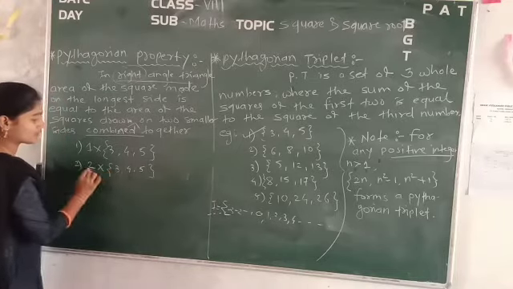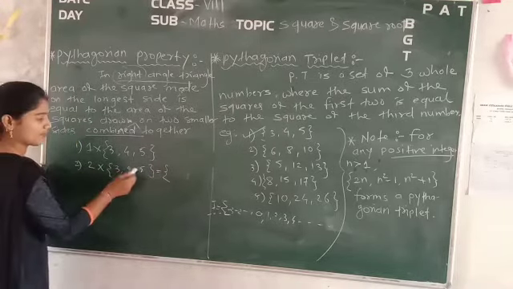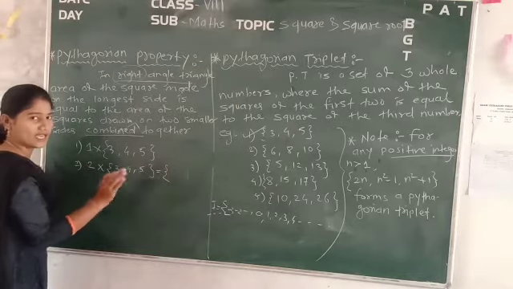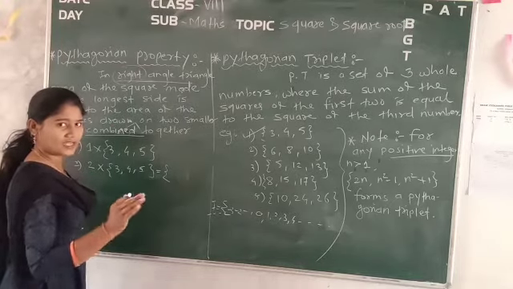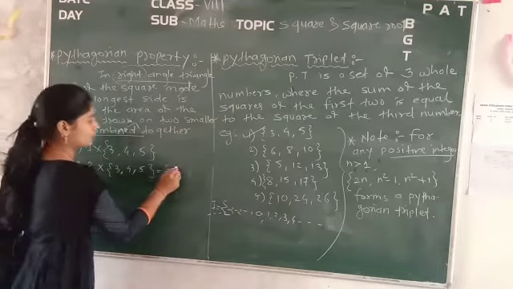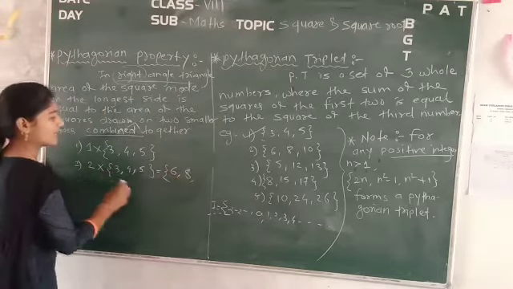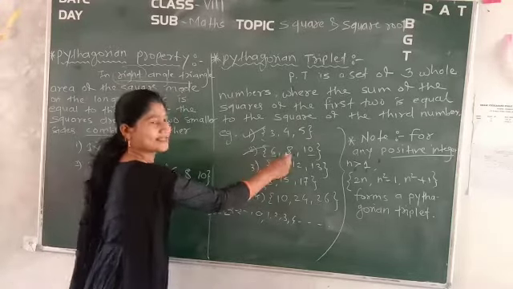Now see, do the multiplication here. Do whatever you want, but don't put the carry because we are not doing addition here. Just do the multiplication separately. So 3 twos are 6, 4 twos are 8, and 5 twos are 10. So what is the next Pythagorean triplet? That is 6, 8, 10.